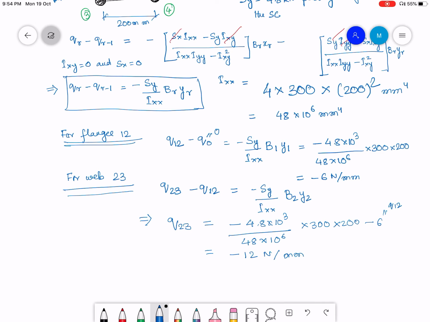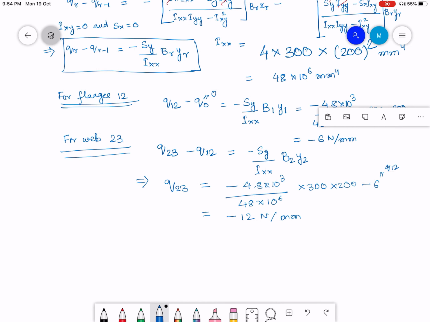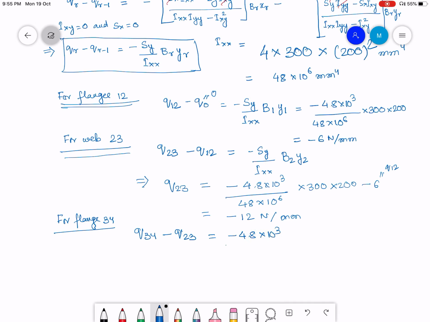Now let us find for flange 3, 4. It is going to be Q34 minus Q23 is equal to minus 4.8 into area of the boom 3, that is 300, into Y3, that is minus 200, and minus 12.